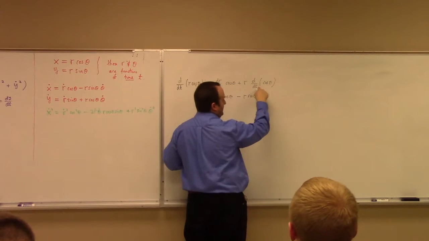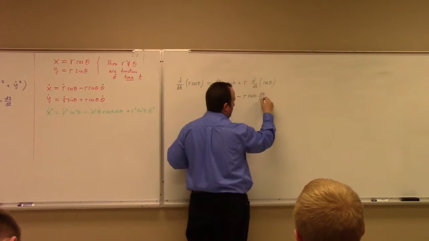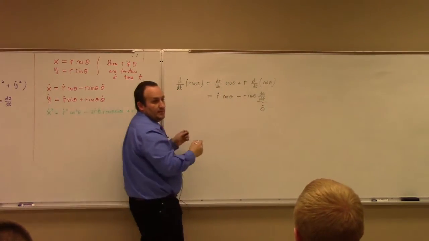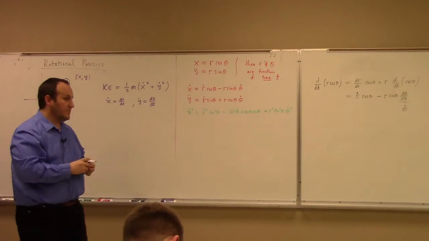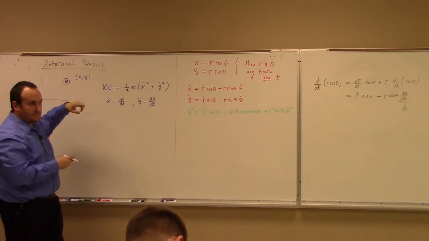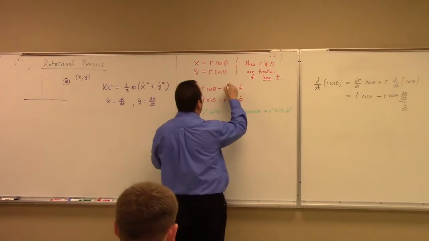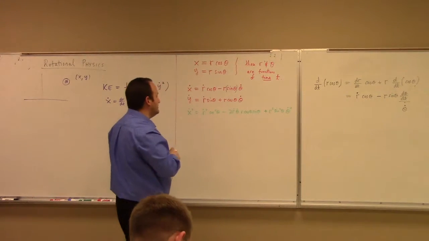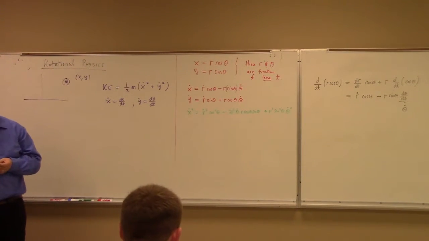I'm differentiating not with respect to theta, but with respect to time, so I have to multiply by d theta/dt. That's the chain rule. But this is exactly what we call theta dot. Yes, r and theta are functions of time. We're imagining r and theta are the polar coordinates of this particle that's moving in the plane. Is that theta dot being multiplied just by the last term, or by the whole thing? This theta dot just multiplies the last term only. There is just an r dot or a theta dot on every term in x dot and y dot.